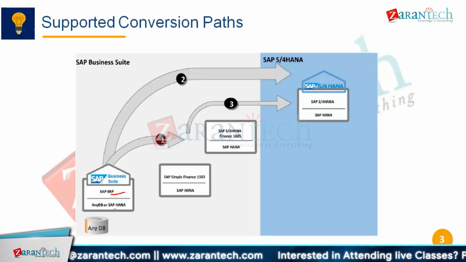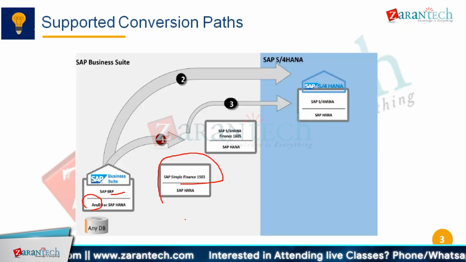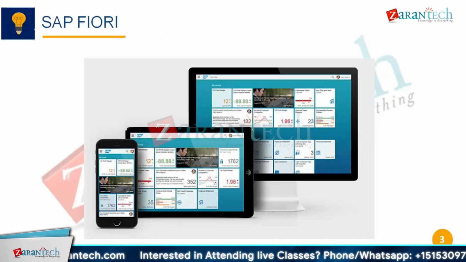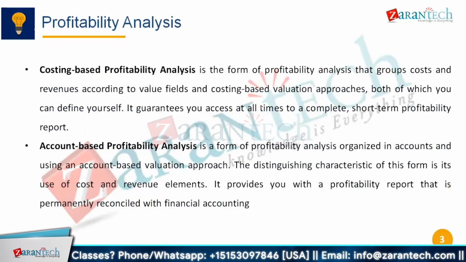This is another difference. The ERP system is running on a database, and from Simple Finance onward, it is running on the HANA database. SAP Fiori: you can access SAP using Fiori apps through a browser, phone, or tablet, which means you no longer need to remember the T-codes and all.